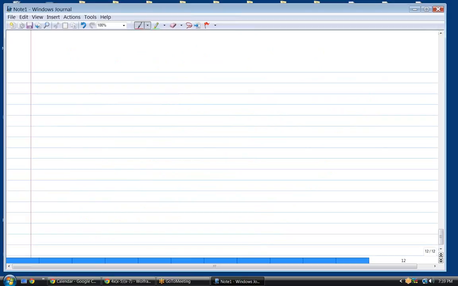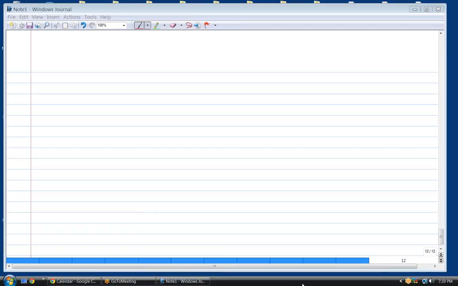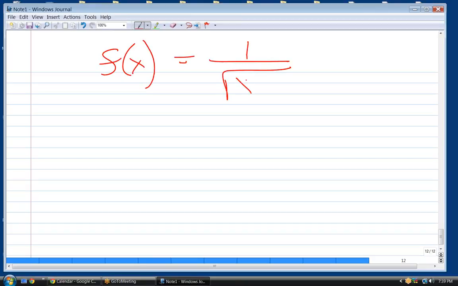These little graphs. Oh, find the domain of the function f of x equals 1 over square root x minus 4. Okay.